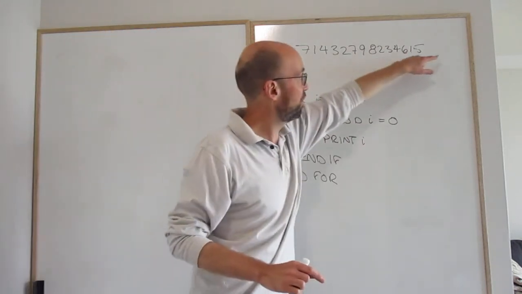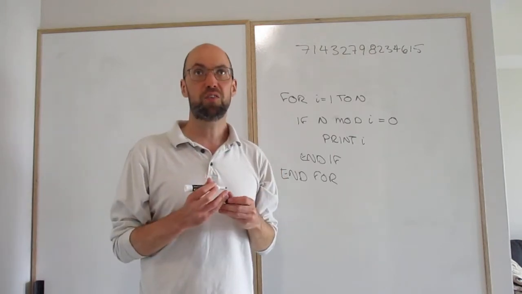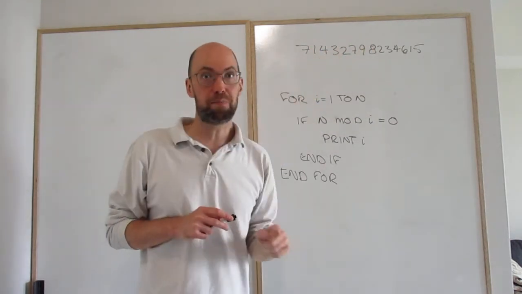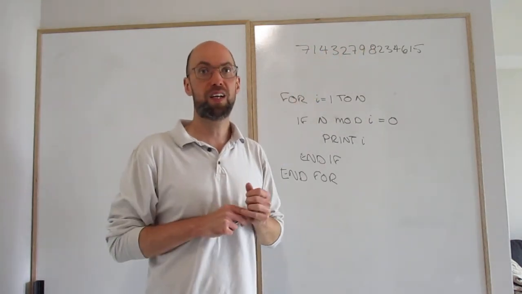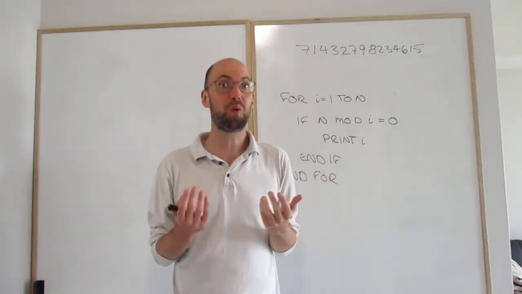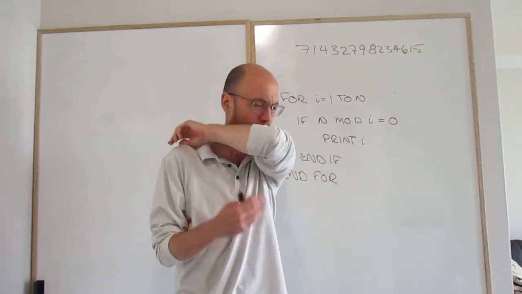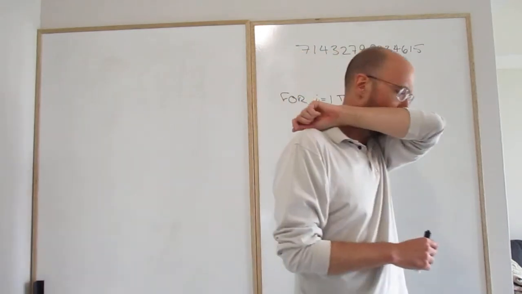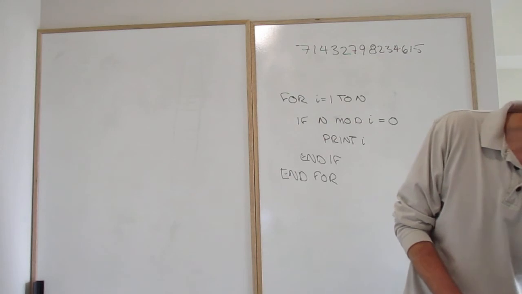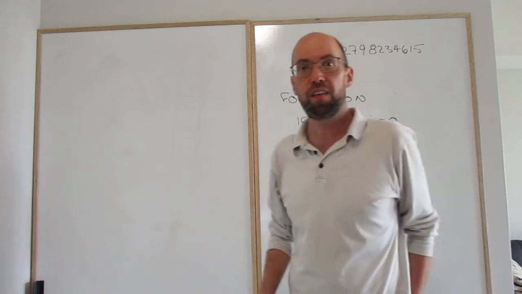the size of this input, looked at as a string, has only doubled. But this number got a lot bigger. Basically, if you double the number of digits, you sort of square the maximum value of the number. So you go from being bounded by 10 to the 7 to being bounded by 10 to the 14.